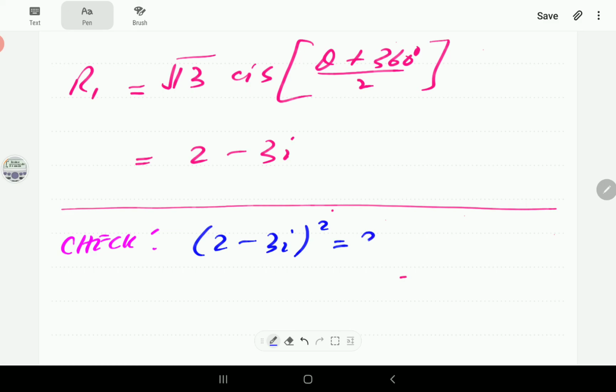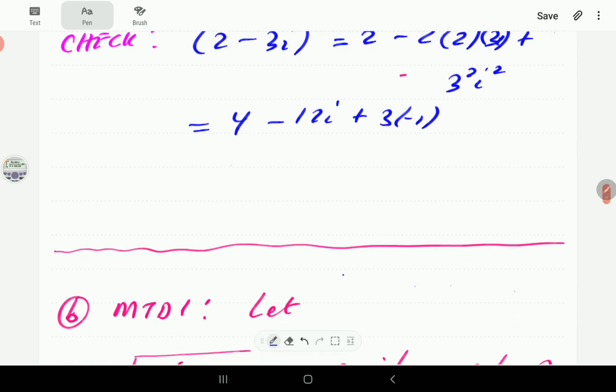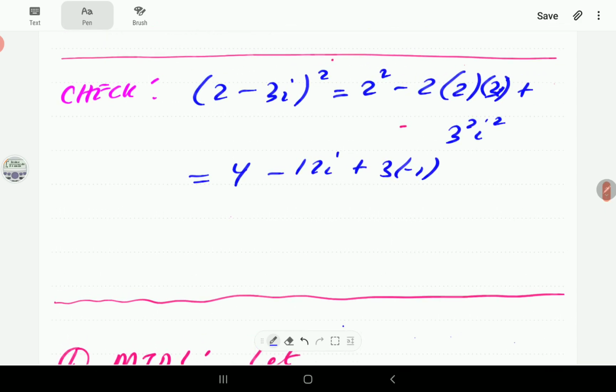When you square this, there's going to be 2 squared minus 2 times 2 times 3i plus 3 squared i squared. 2 squared is 4. 2 times 3i, that is going to be 12i. 3 squared is 9.